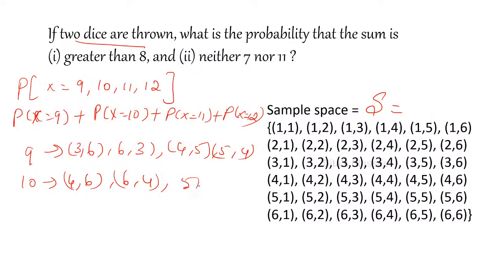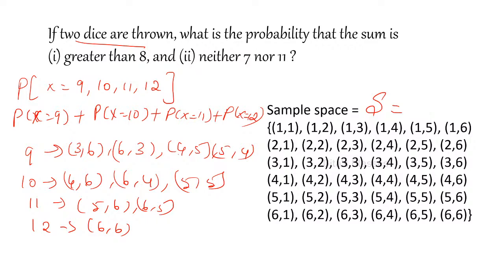Then 5, 5. For 11, it is 5, 6 and 6, 5. For 12, it is 6, 6. So totally 1, 2, 3, 4, 5, 6, 7, 8, 9, 10. So 10 divided by 36. Shrutika, it is not 8 by 36.